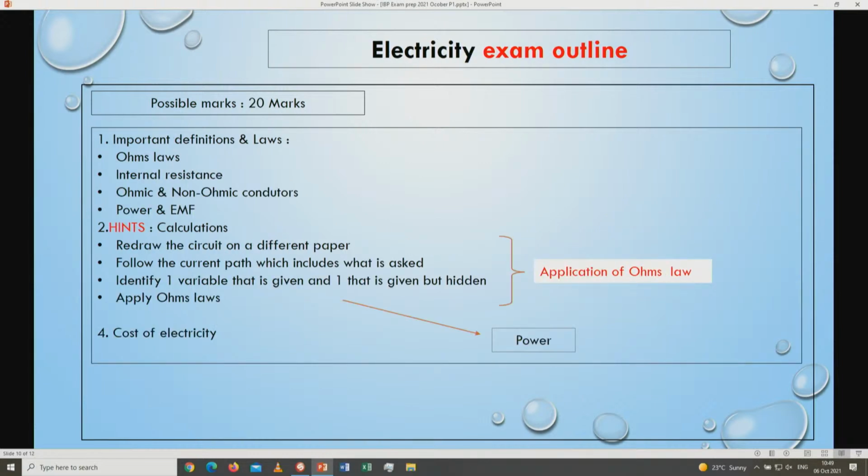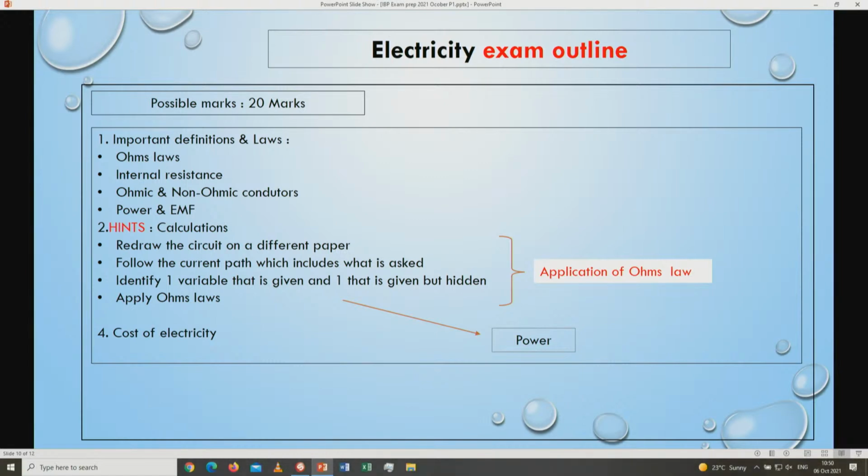Let's look at electricity. With electricity, it is important to know Ohm's law, internal resistance, ionic and non-ionic conductors, power, and EMF as well.